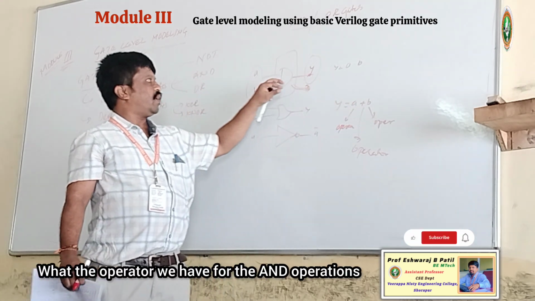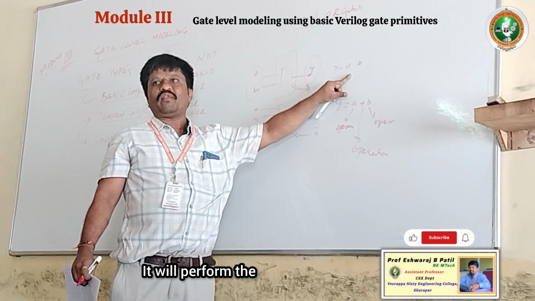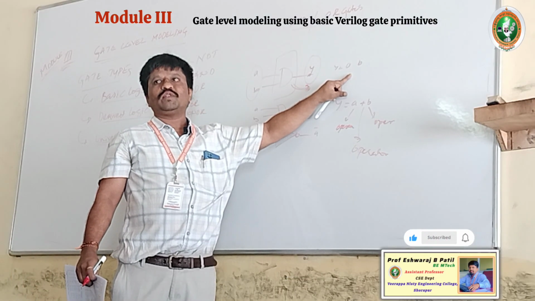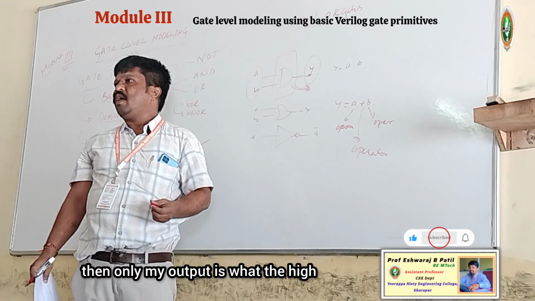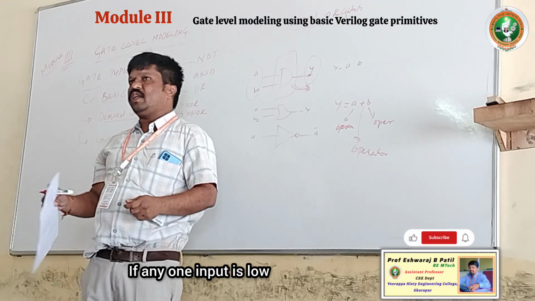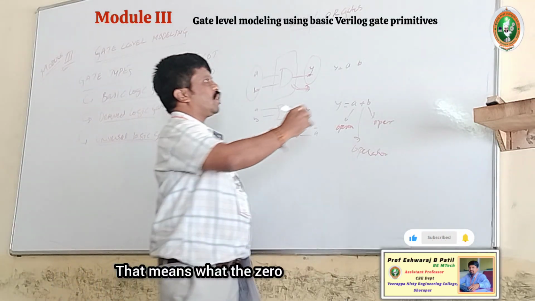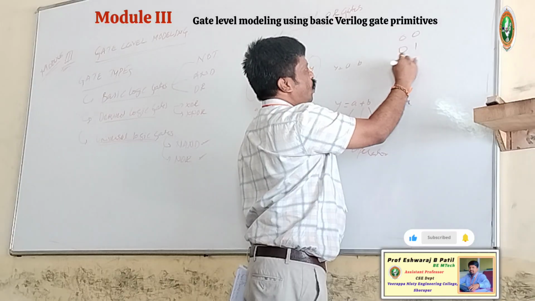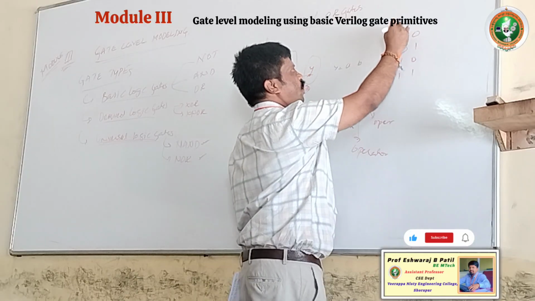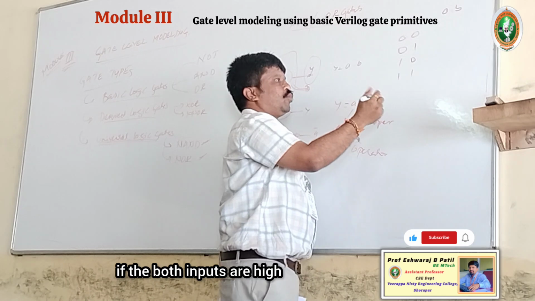What operator do we have for the AND operation? Only the dot operator. It will perform the multiplication. It means if two inputs are high, then only my output is high. Otherwise it is 0. If any one input is low, the output is also low. For the combinations 00, 01, 10, 11, A dot B is high only if both inputs are high.